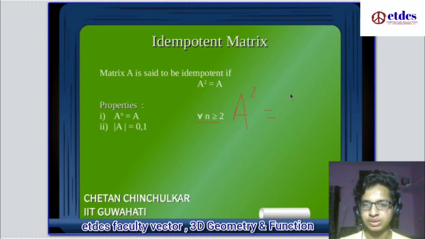Let's check for n equal to 2: A square equal to A, this is correct, it is given. Now we check for A cube.